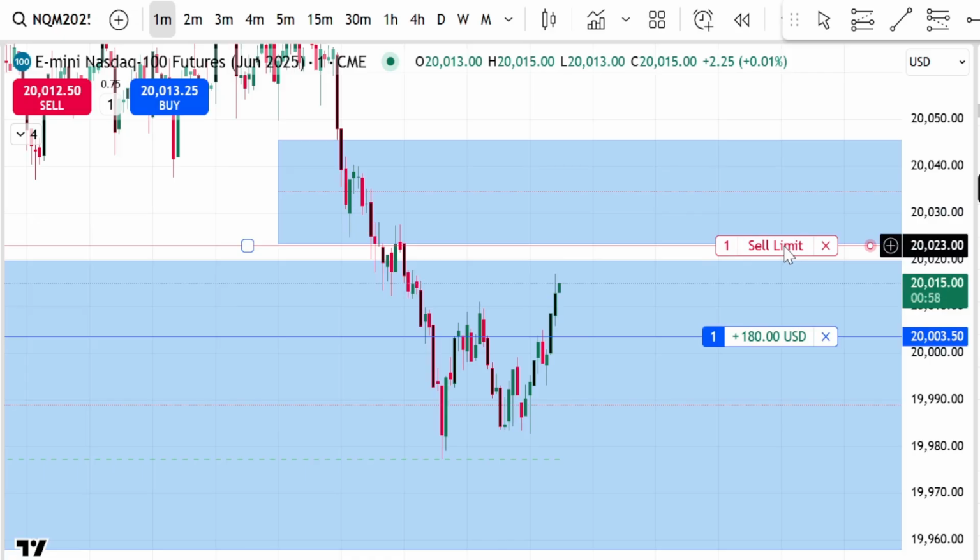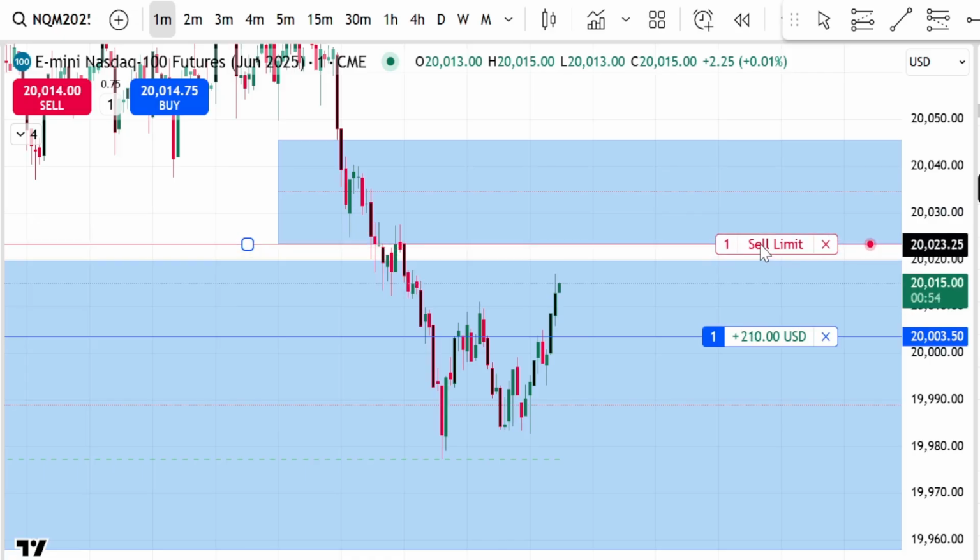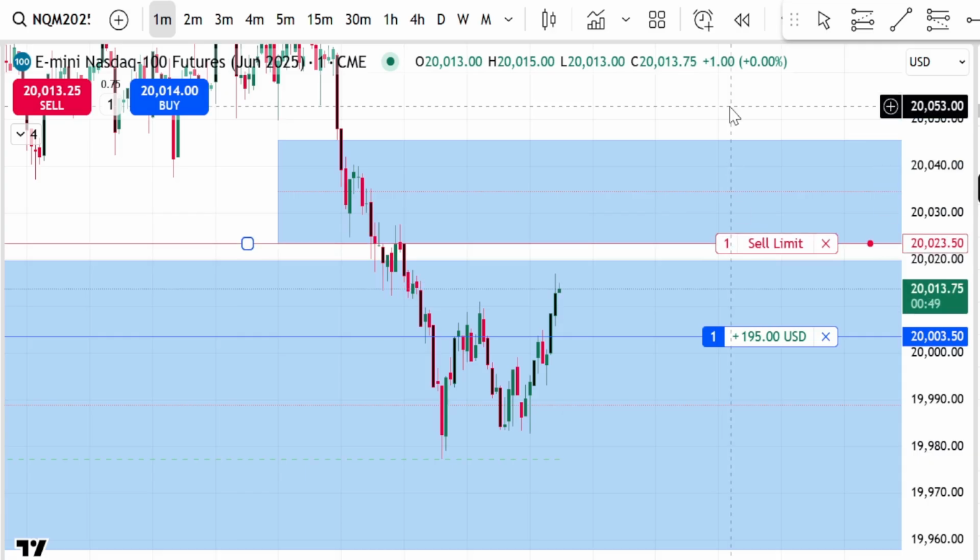As you can see, the profit is not going to be very large. I think the difference between prices is 20 ticks, so around 400 USD as profit.